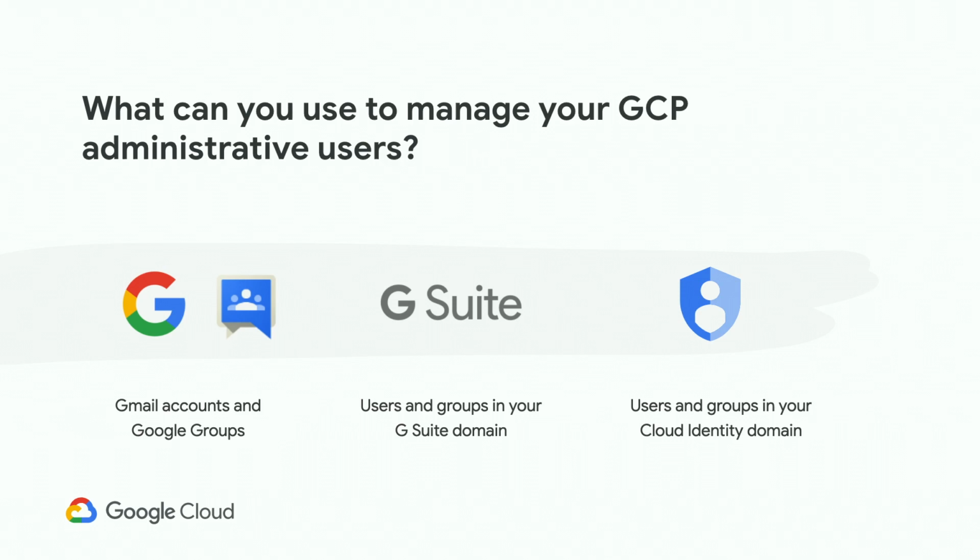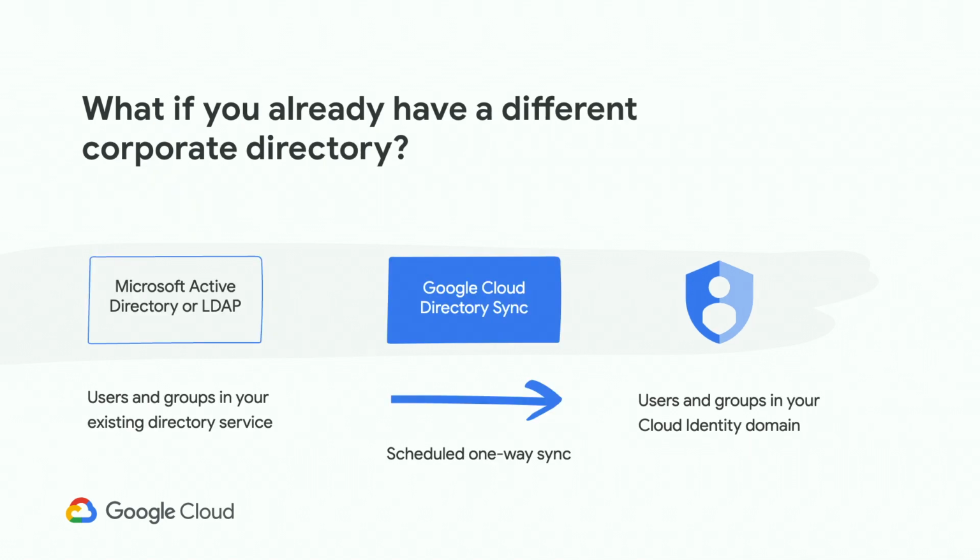They are outside of Google Cloud, belonging to G Suite and Cloud Identity, or you can simply use Gmail. And if you want a corporate directory that syncs with it, you can do that with Microsoft Active Directory or LDAP. Those can be synced to Google Cloud Platform. Yes, that's possible.